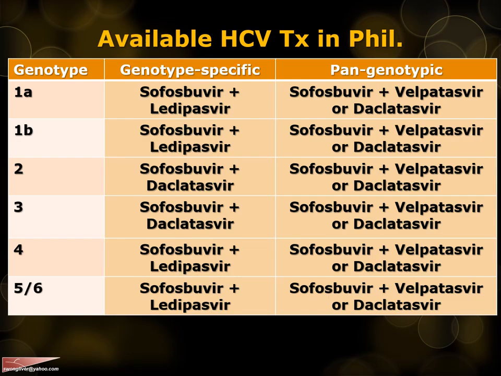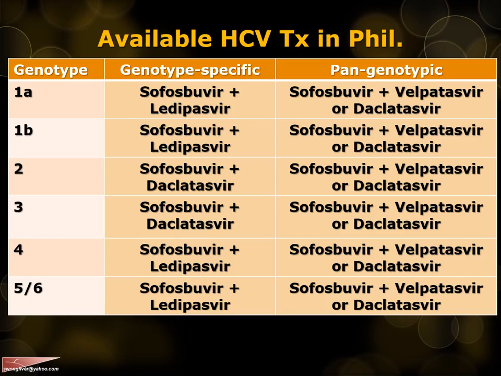I mean, nobody will ever use PEG interferon anymore for hepatitis C because, if you have a lot of time in your hands and read through PEG interferon, you will see that the response rates there are very low. Only about 50 to 60% of patients respond. Compared to the present oral treatments, the response rates are more than 95%, even close to 99%.